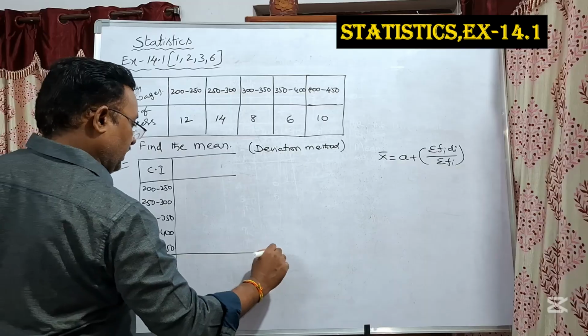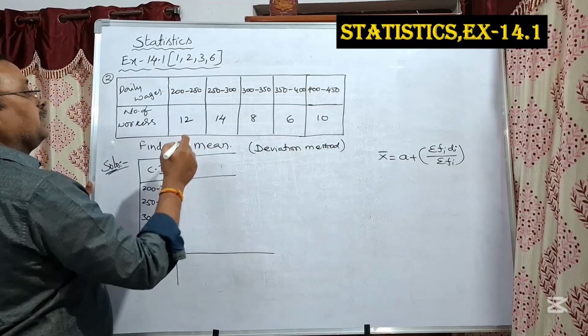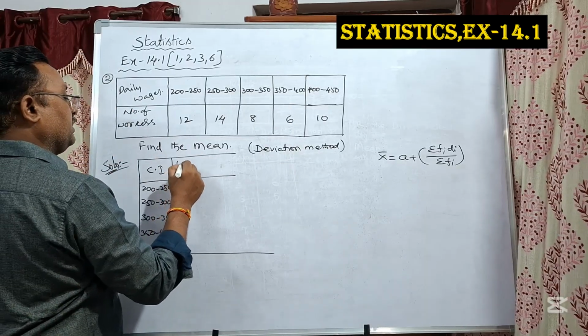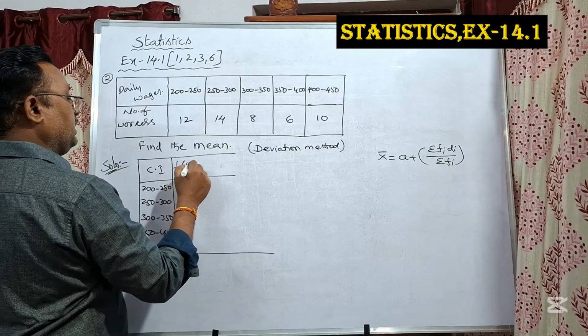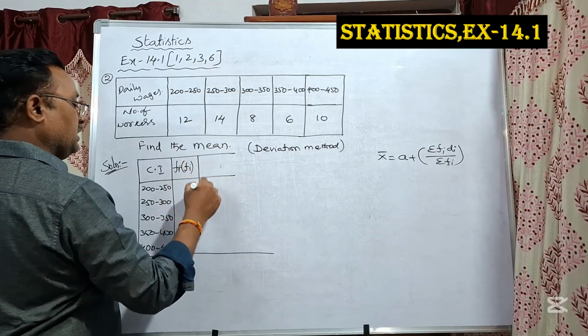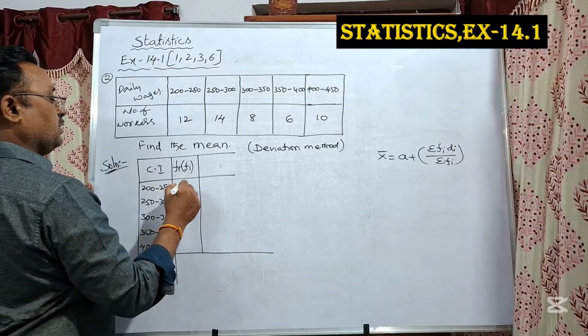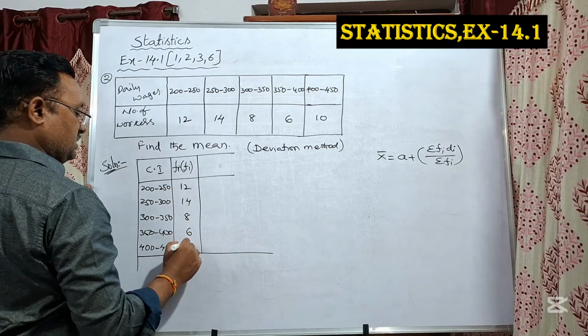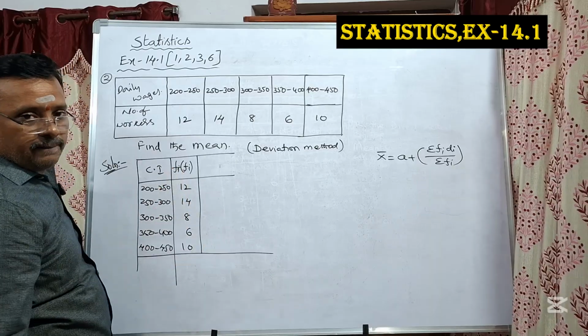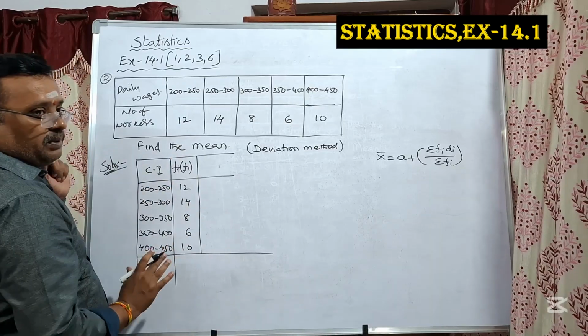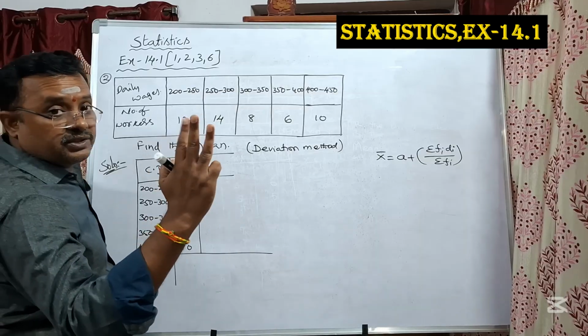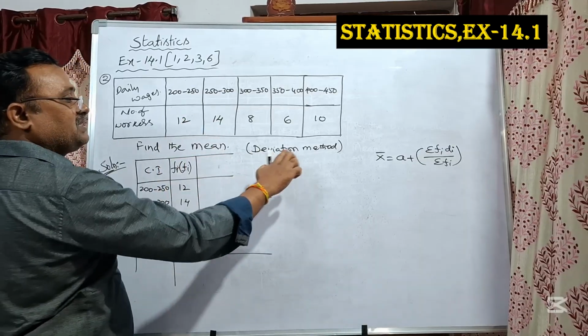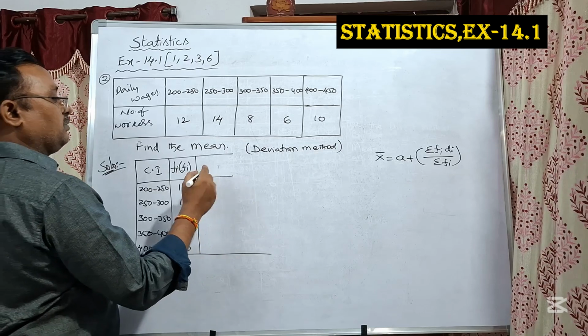Their frequencies, denoted by fi, are given in the data as 12, 14, 8, 6, 10 respectively. Using these two columns we need to prepare three extra columns under this deviation method. What were they?